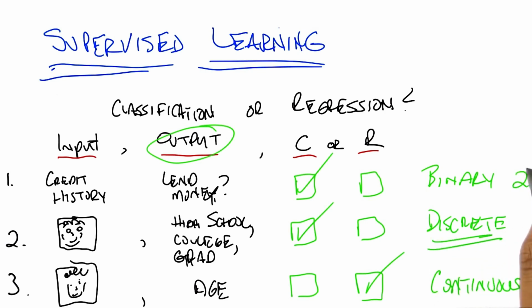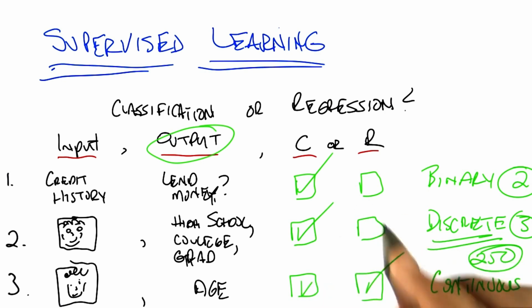Doesn't matter whether there's 2 things in your set, 3 things in your set, or in this case, 250 things in your set, it's still discrete. So whether it's regression or classification depends upon exactly how you define your output, and these things become important. I'm going to argue that in practice, if you were going to set up this problem, the easiest way to do it would be to think about it as a real number, and you would predict something like 23.7.